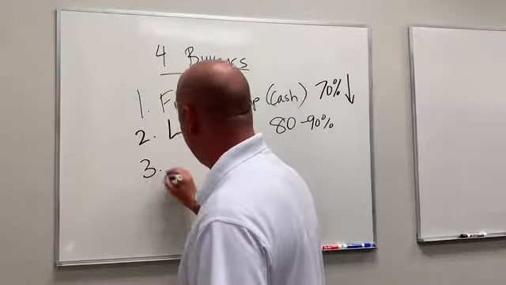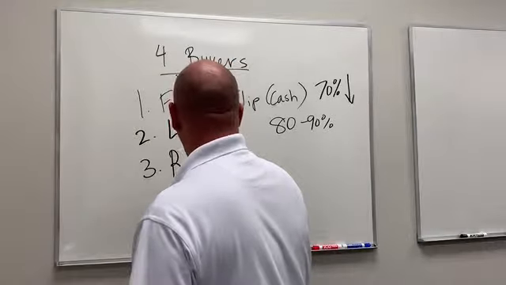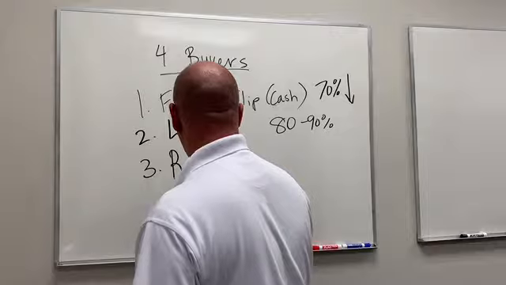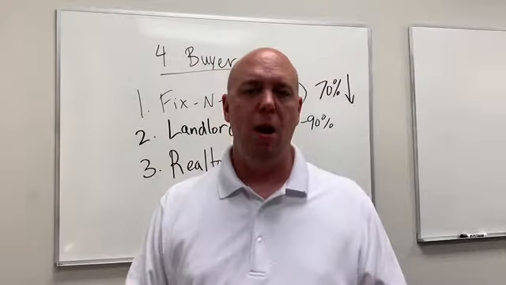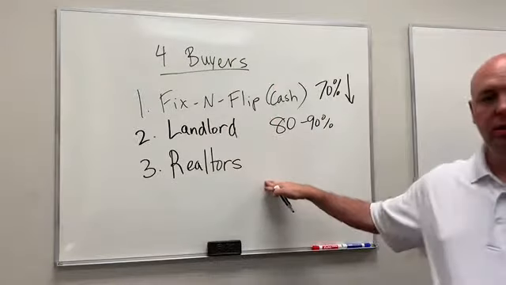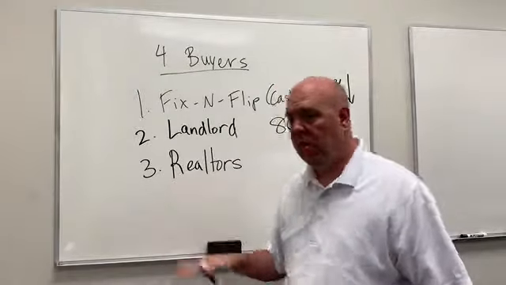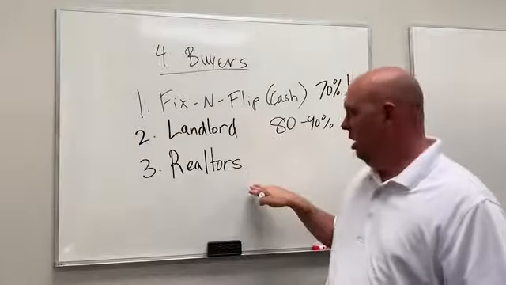Okay, and number 3 is this buyer or this person on your buyer's list controls 95% of all real estate transactions in almost any city, and that is realtors. Realtors have clients that are landlord buyers.